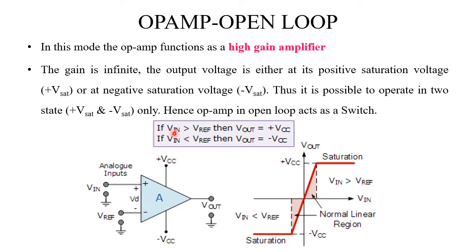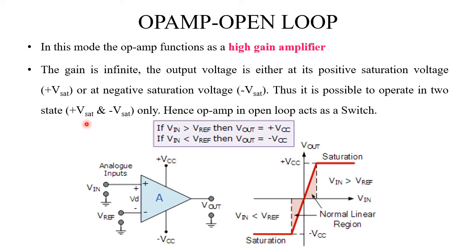If V inverting is greater than V reference, then the output will be positive saturation. Saturation means the power supply given to the operational amplifier, that is plus VCC. It may be a 9 volt, 12 volt, or 15 volt power supply. Above that supply, it cannot produce output.